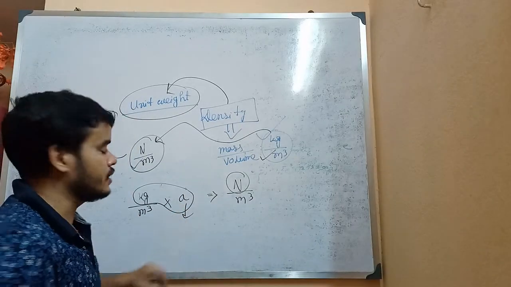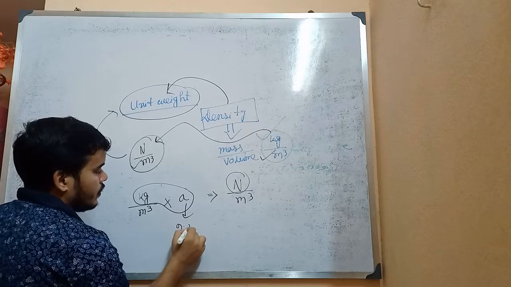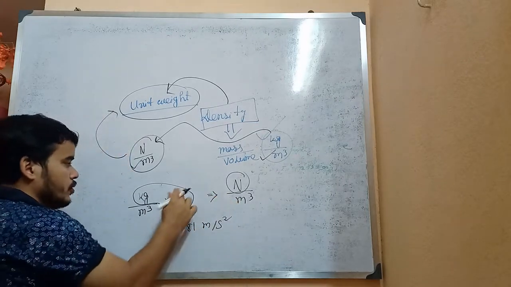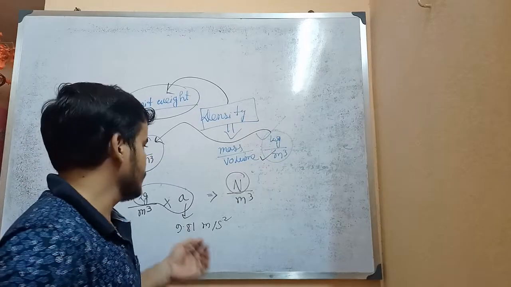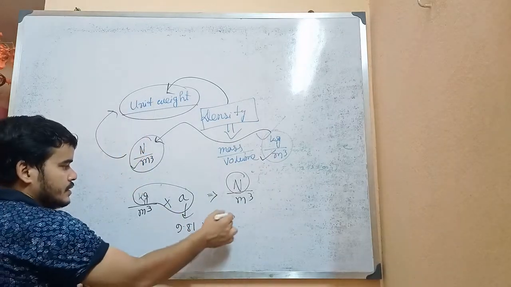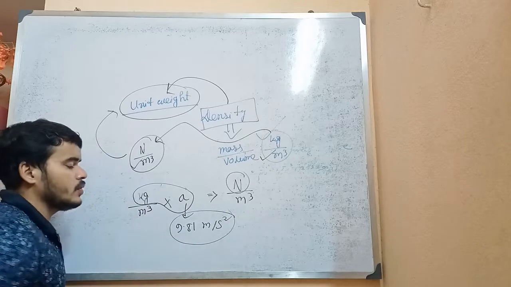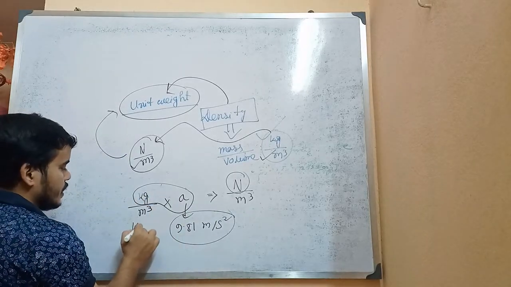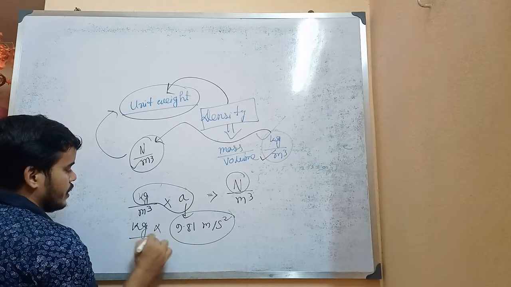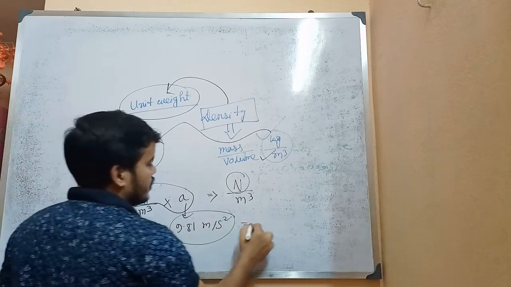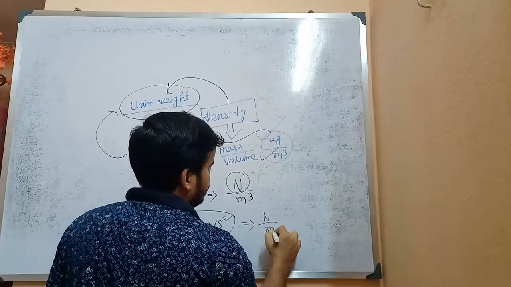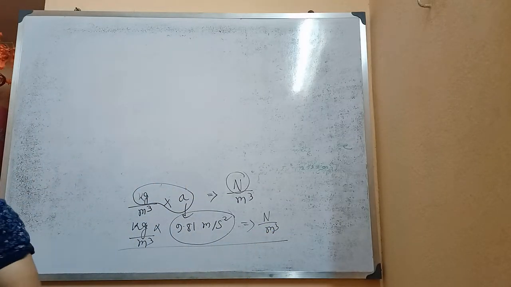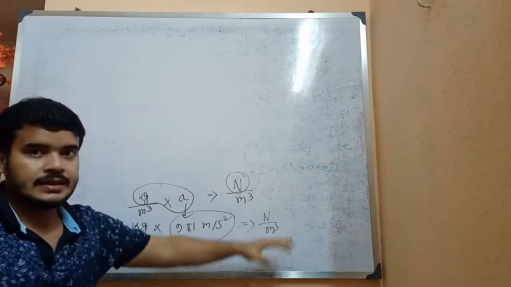This is a constant, 9.81 meter per second square. Due to the gravity, the acceleration value will be 9.81. This is a constant value. So if we multiply this, kg into 9.81 by meter cube equals to Newton per meter cube. So this is the very basic thing.